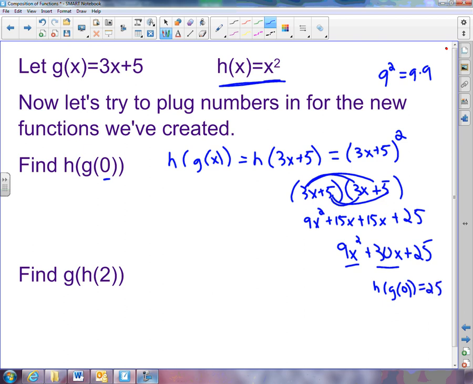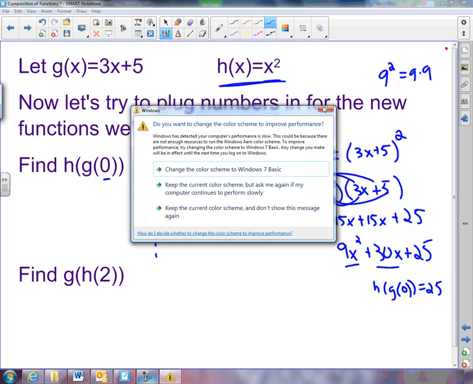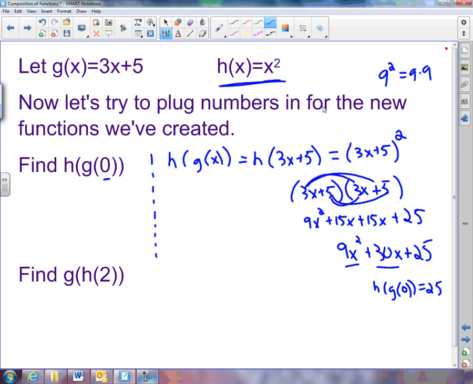Now, there is a shortcut to this. The other way to do this is by not first finding h of g of x. You could just start by plugging 0 into g, and then plugging that answer into h. Let me show you what I mean. So here I want to figure out what h of g of 0 is. Let's first plug 0 into g. If I plug 0 into g, I get 3 times 0 plus 5.